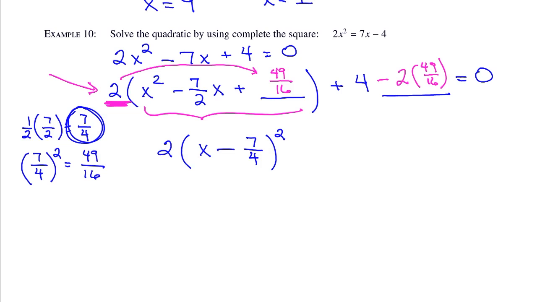And then next we need to simplify this number. So I'll start by doing 4 minus the 2 on the top simplifies with the 16 on the bottom to make 8. They cancel. And then we need to add 4 minus 49 over 8.